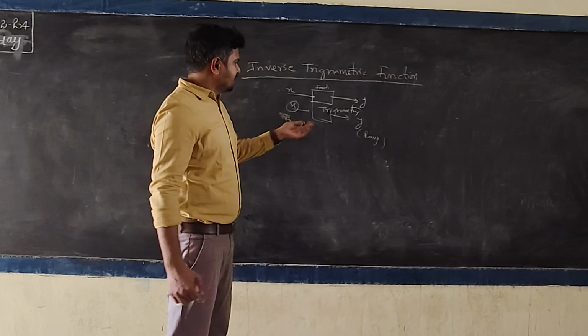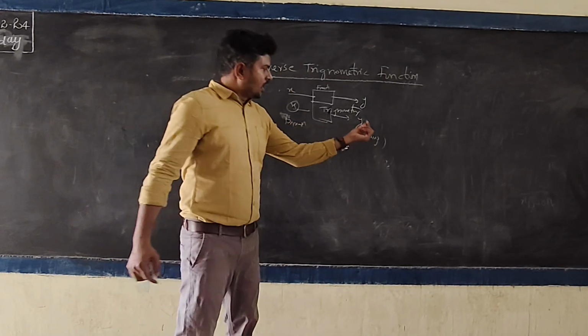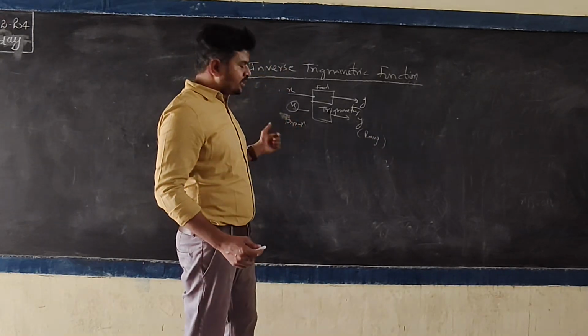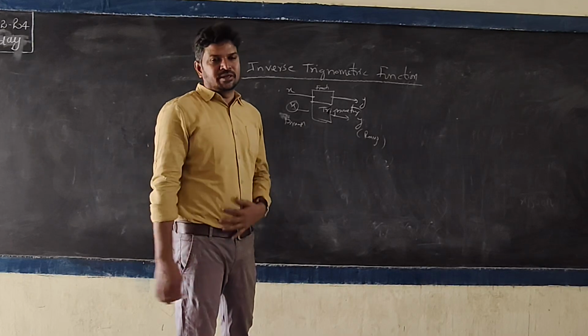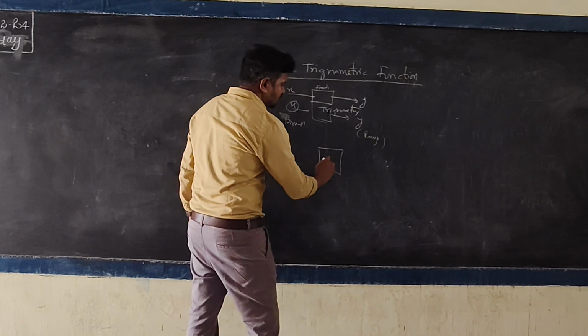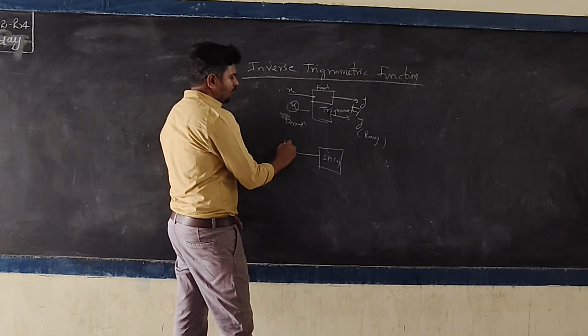Now there is always a chance that if you give a domain input, there will be an output. If you give back the output and you want to know the domain of that, then that concept is called the inverse trigonometric function. Assume it is a sine function, and I have given the input as 45 degrees.